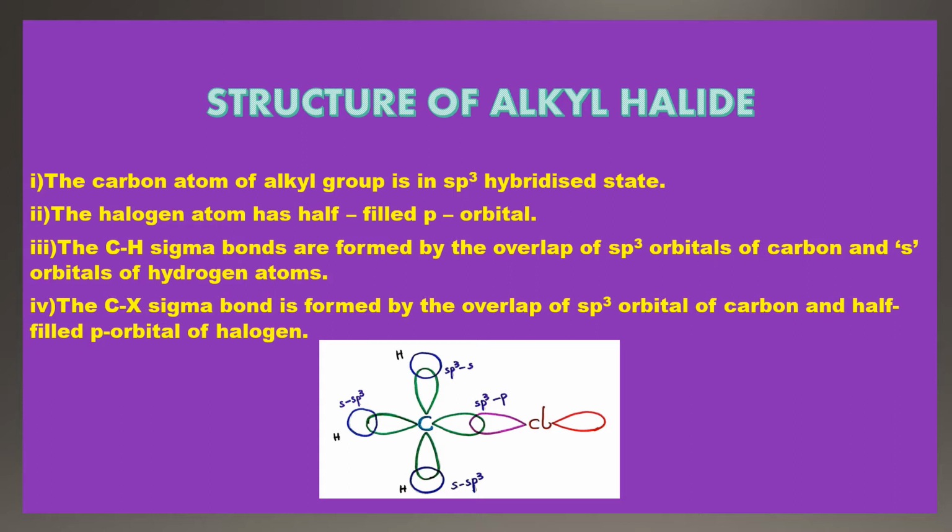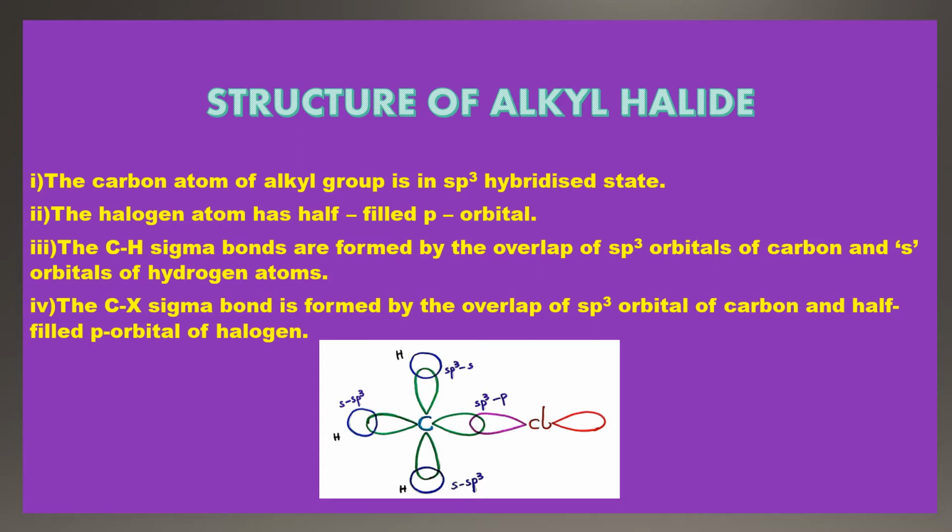The carbon atom of the alkyl group in alkyl halide is in sp3 hybridized state, and the halogen atom, here the halogen I have written as chlorine in the diagram. So the halogen atom has half filled p orbital, students. Okay, underline that point. The halogen atom has half filled p orbital.